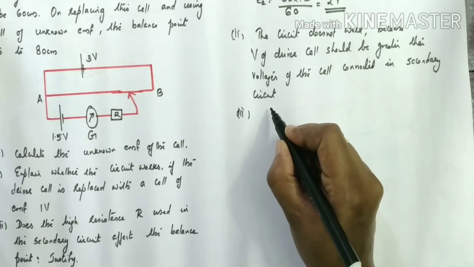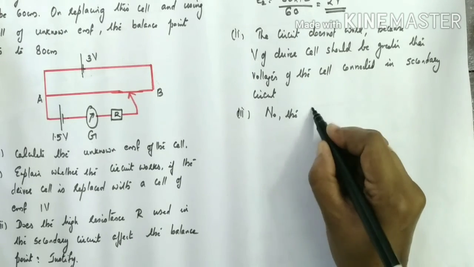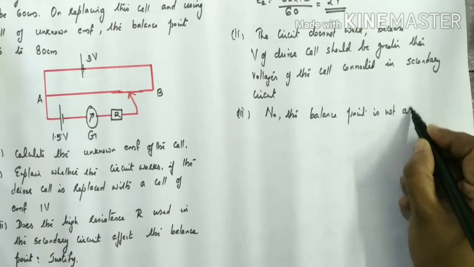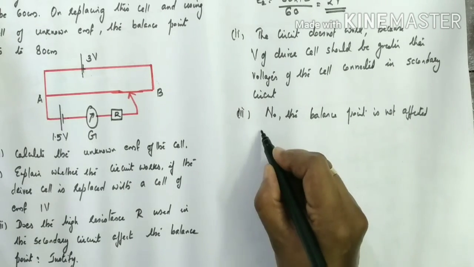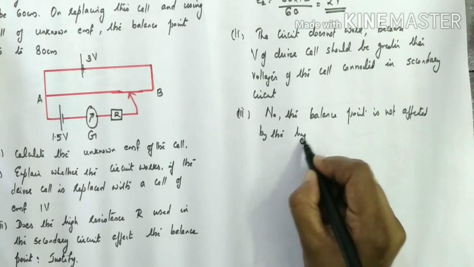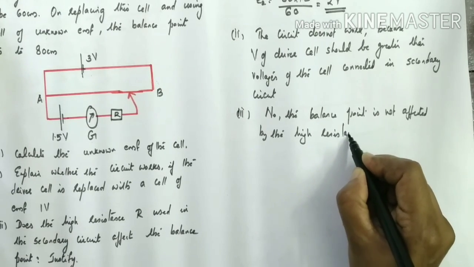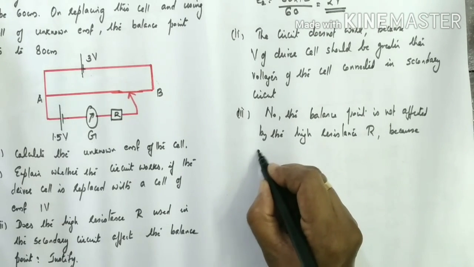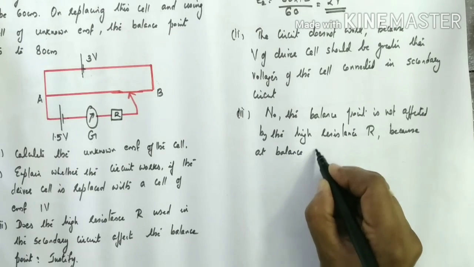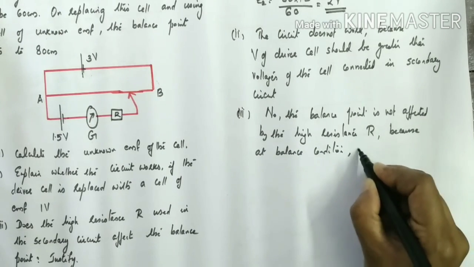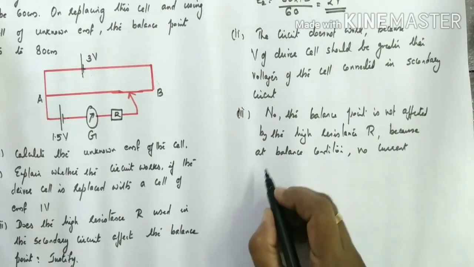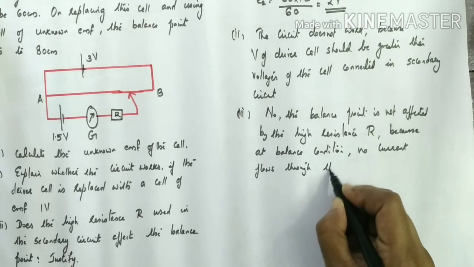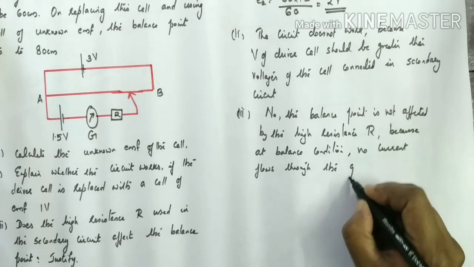So the third answer: no. The balance point is not affected by the high resistance R, because at the balance condition, no current flows through the galvanometer.